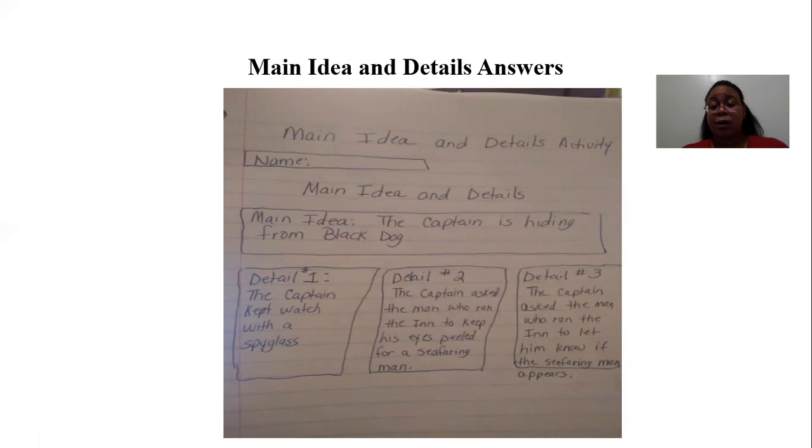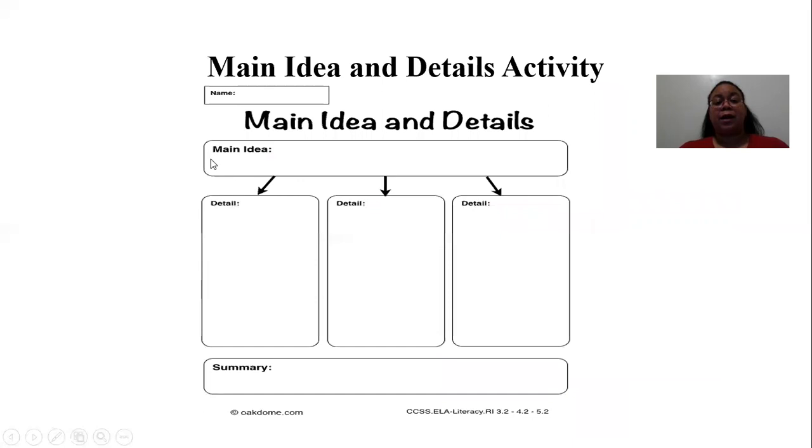And what you can do also at home is you could take a book that you have at home, you can read it, write out this same diagram, this graphic organizer, okay? You can write your little square for your main idea, like we did here, and write one block for detail 1, one block for detail 2, one block for detail 3, and you can write your own details that you find within the story.